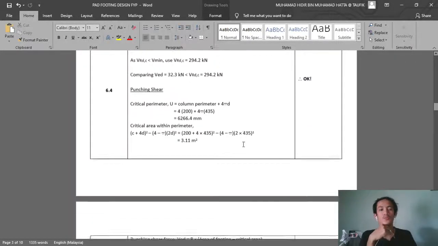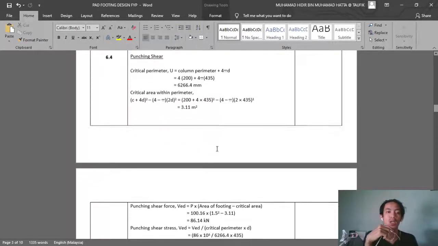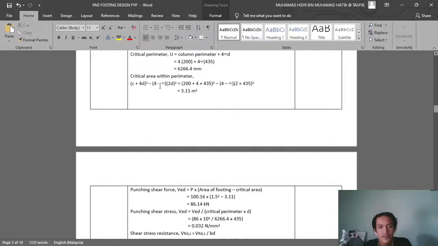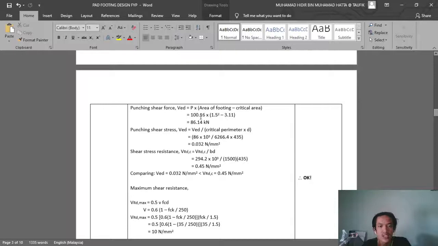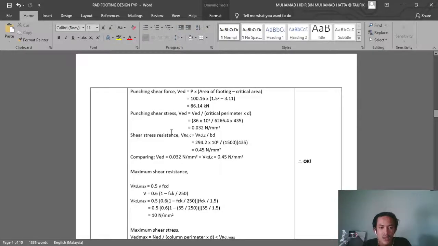And then we need to proceed to punching shear, and then the critical parameter U. We need to calculate this formula. Okay, we get this value, and then the critical area. We need to calculate the punching shear force VED, and then the punching shear stress VED, and then we need to calculate the shear resistance VRDC.